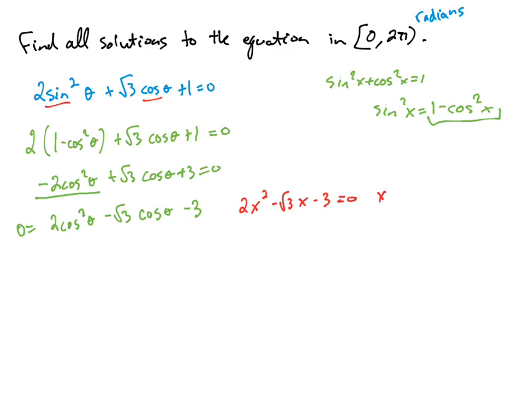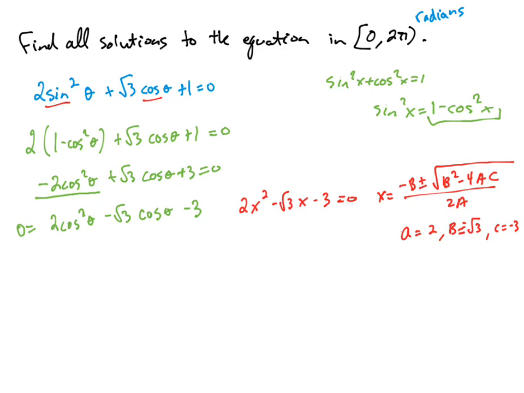So what we want to do is we want to use the quadratic formula. So if we're going to use the quadratic formula, we would say x is equal to negative b plus or minus square root b squared minus 4ac all over 2a. So in the red equation, the a value is going to be 2, b is going to be negative root 3, and c would be negative 3.